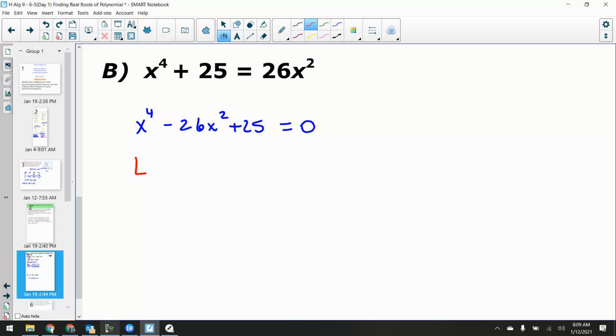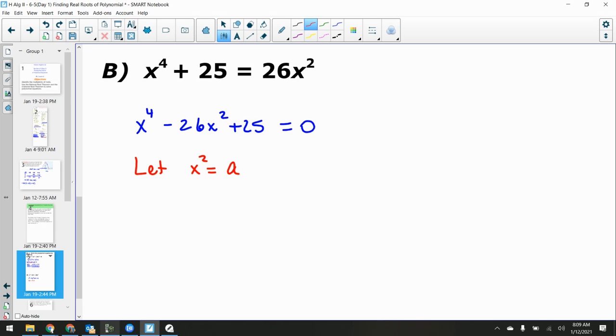We're going to let x squared equal, and introduce a new variable. Let's say, A. Sure, A. We're going to introduce a new variable, and the reason we're doing this is so that we can comprehend what's happening.